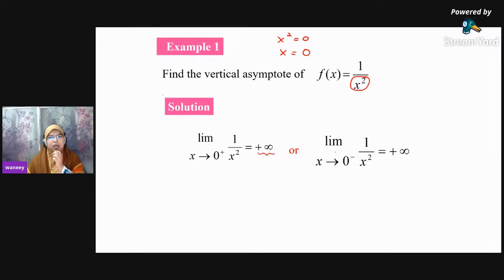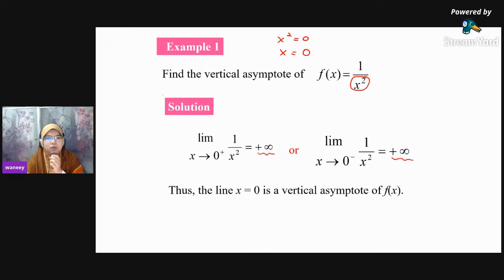And the limit for x approaching 0 from the left-hand side of 1 over x squared is also positive infinity. Therefore, we can easily conclude that the line x equal to 0 is a vertical asymptote of f(x).